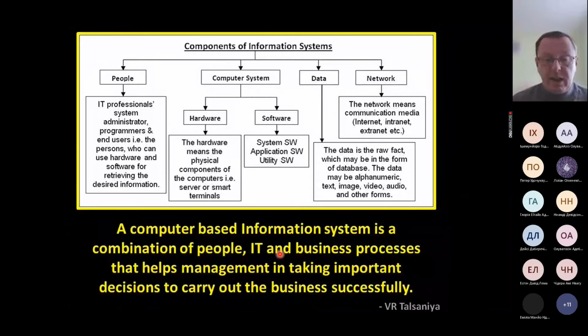So every time we are speaking about a computer-based information system, it's an interaction. So what do we have? First of all, we should have our computer system which runs hardware and software. We should have data to be processed.